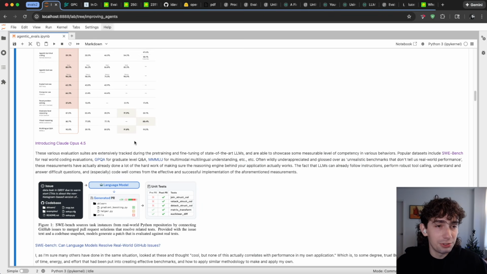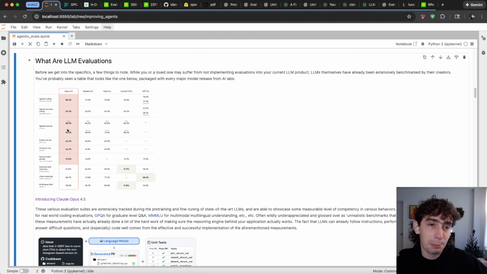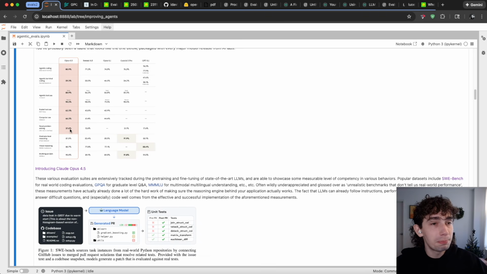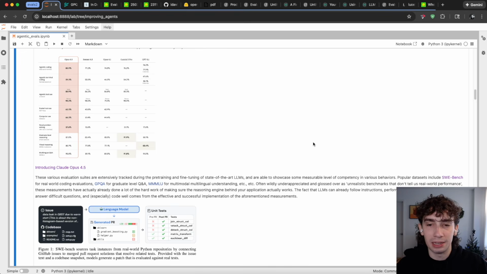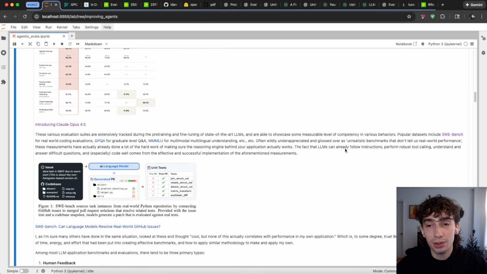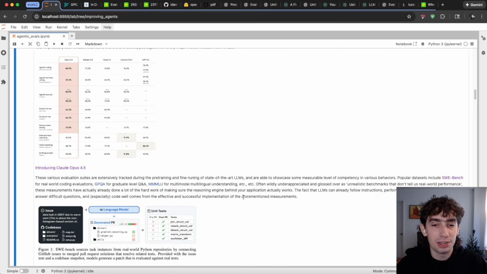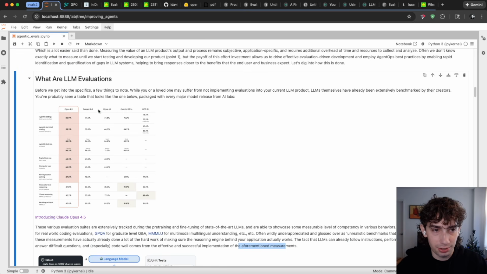So while a lot of these metrics don't actually tell us our specific application performance, we do benefit from the fact that these have been extensively benchmarked and optimized. The fact that language models can already do things like follow instructions, perform tool calling, understand and answer questions, and code effectively comes from the implementation of these aforementioned measurements.